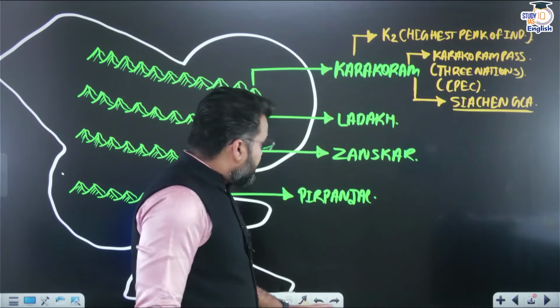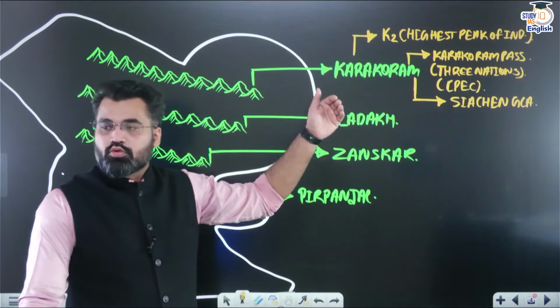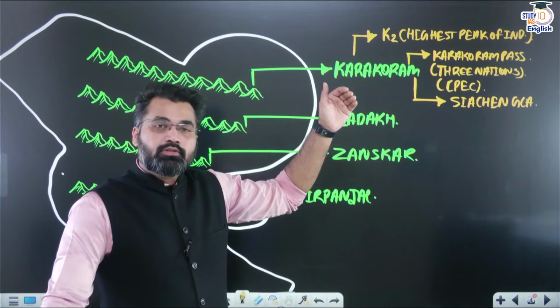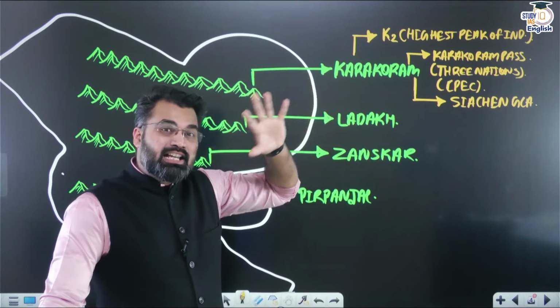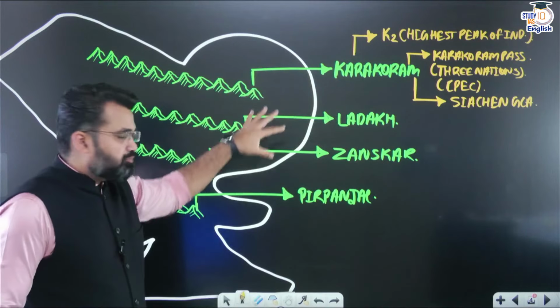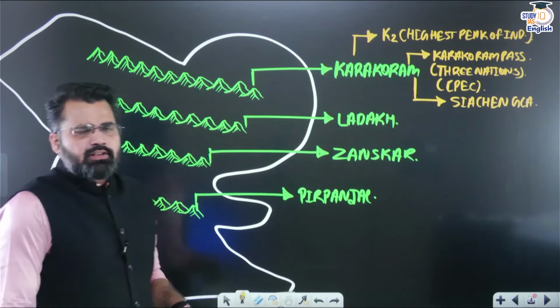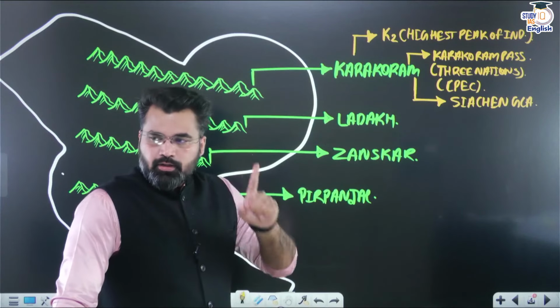This glacier is used to take an eagle's eye view over the Siachen portion as well as the POK part. So make sure that Siachen Glacier is in Karakoram range, Karakoram Pass is in Karakoram range, and K2, which is India's highest peak, is actually in POK, and that POK is part of India, is in Karakoram. Fine. I hope these things are clear.